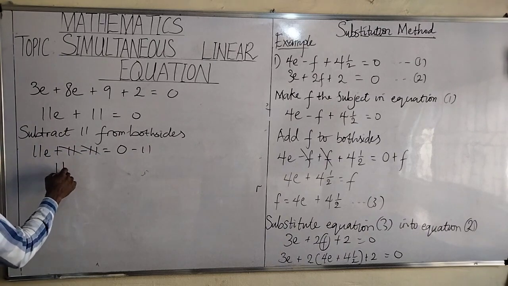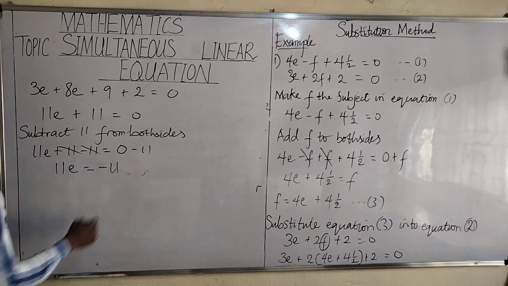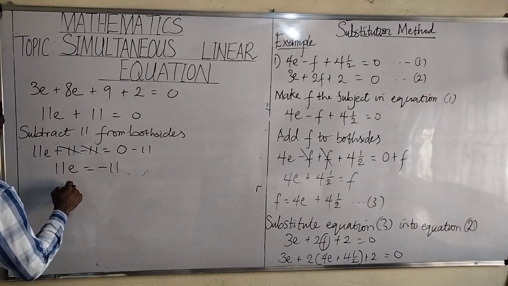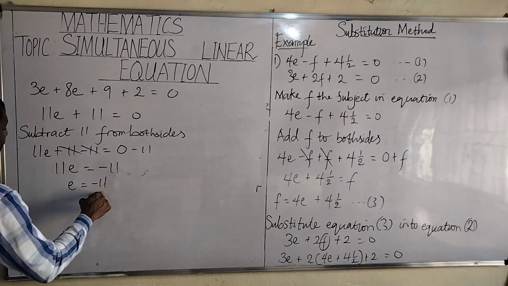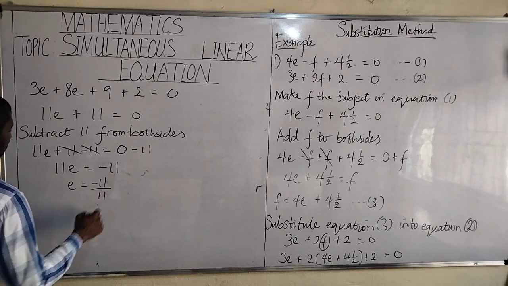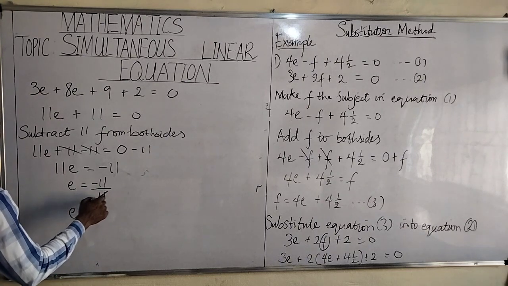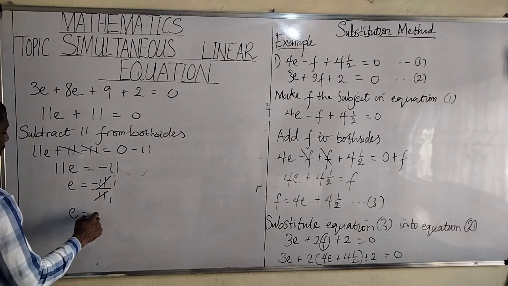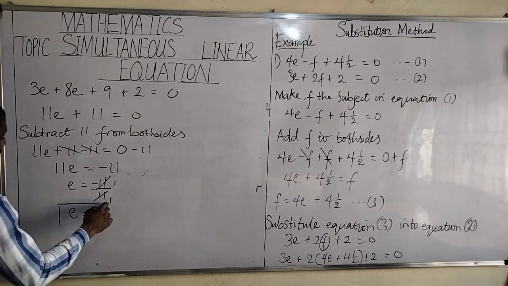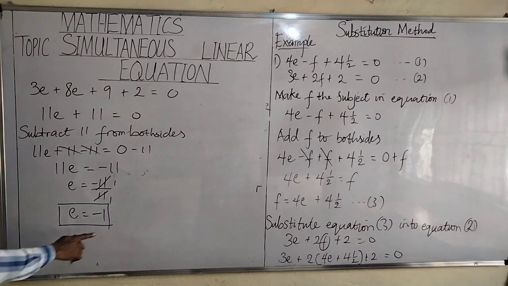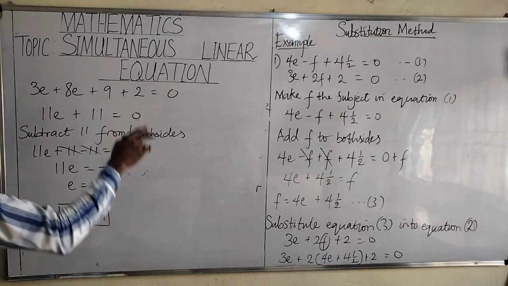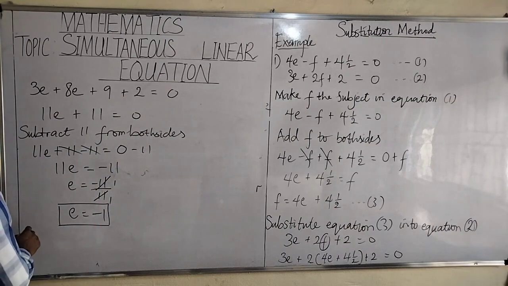So we have 11e equal to negative 11. Therefore, the value of e will be negative 11 divided by 11. 11 cancels 11, so we have negative 1. So the value of our e is negative 1.